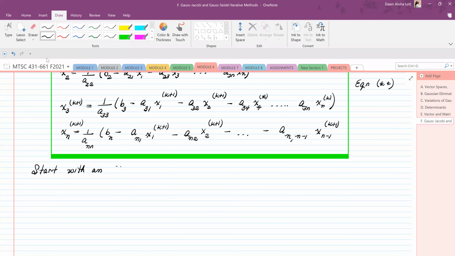So again, we start with an x0, and then we continue to compute the error.